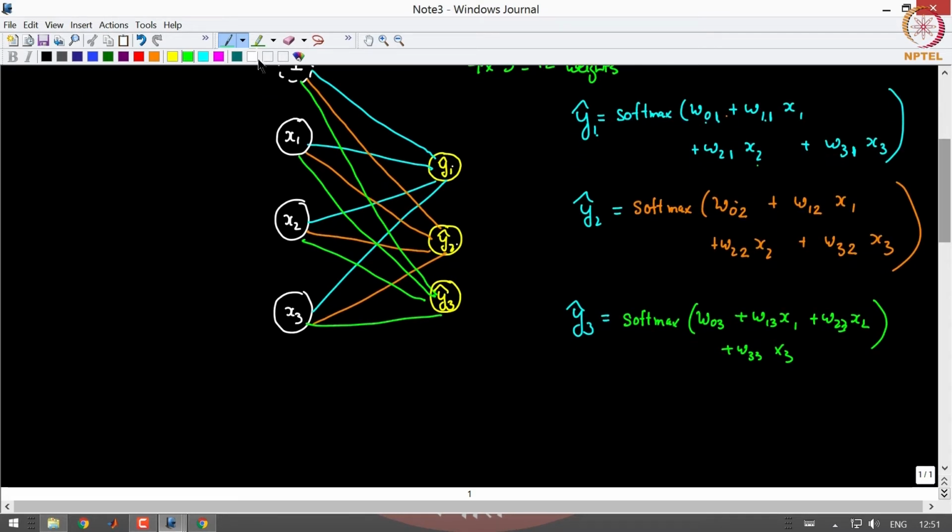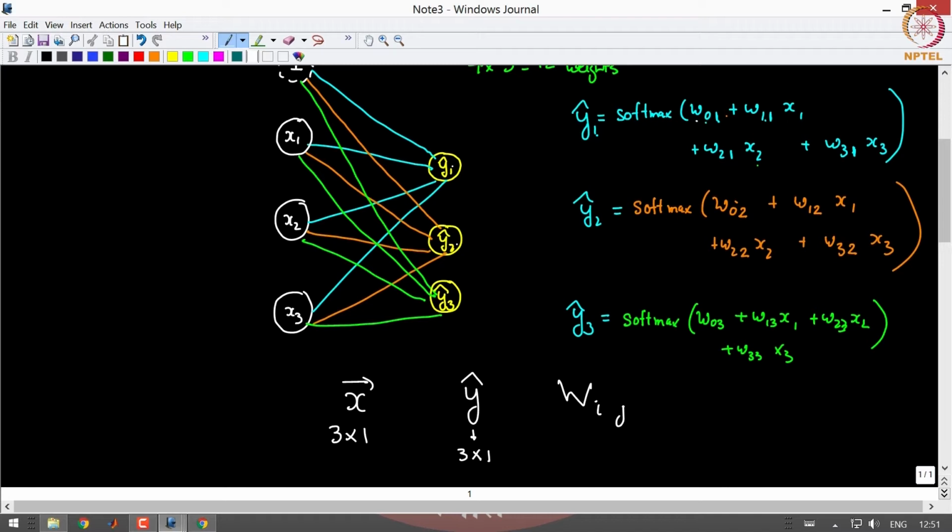So, how would we write this matrix wise? So, we have x vector which was 3 cross 1, we have y hat which is also 3 cross 1, and we have w which is now a weight matrix. You can see w has 2 indices.